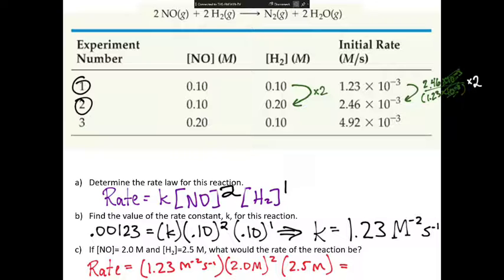Just multiply those three numbers times each other, making sure that I square the 2. 1.23 times 2 squared times 2.5. I'm getting 12.3.